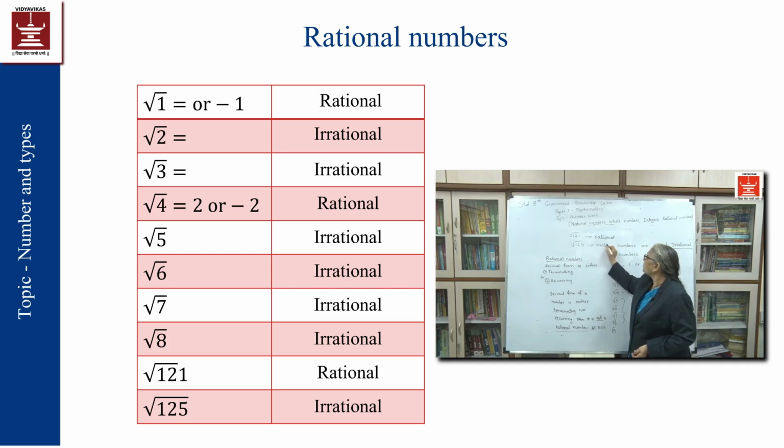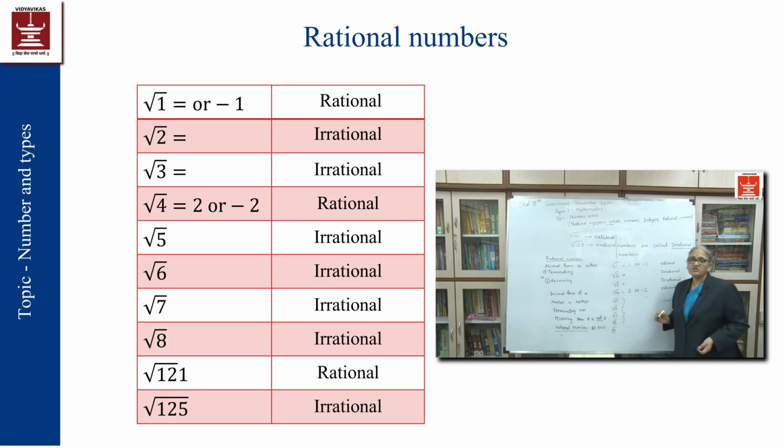So, to find out whether a number is rational or irrational, what you have to check? Two things. If you can convert the given number into decimal form, and if the decimal form of that number is neither recurring nor terminating, then it is irrational.